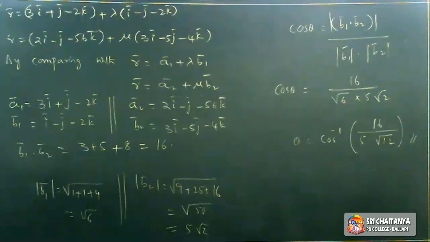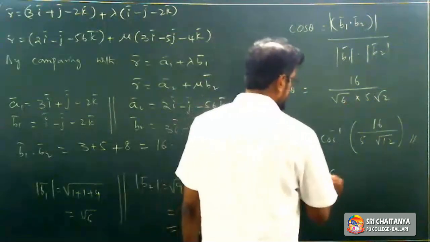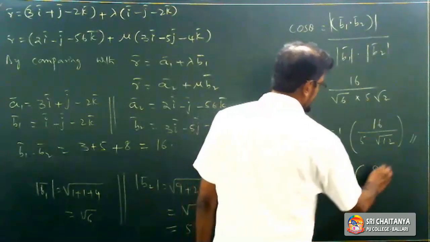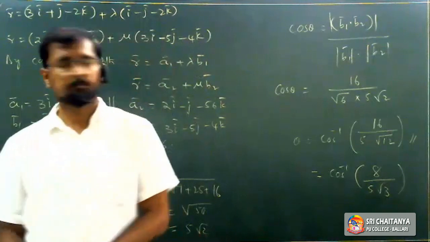Or if you want, you can even simplify that one, root 12 can be written as 2 root 3. So it becomes, if you simplify, 8 by 5 root 3. Copy this one.